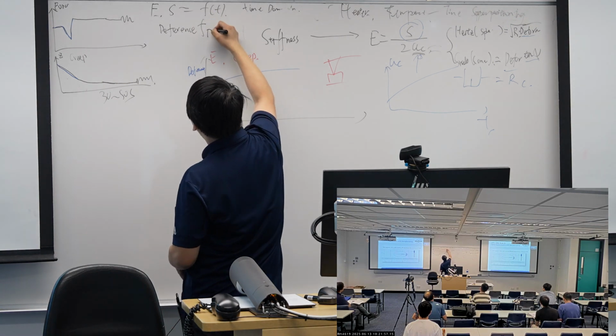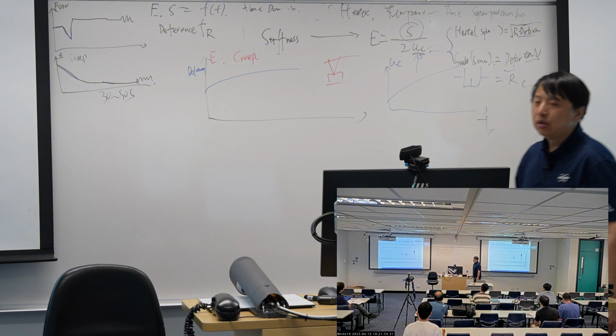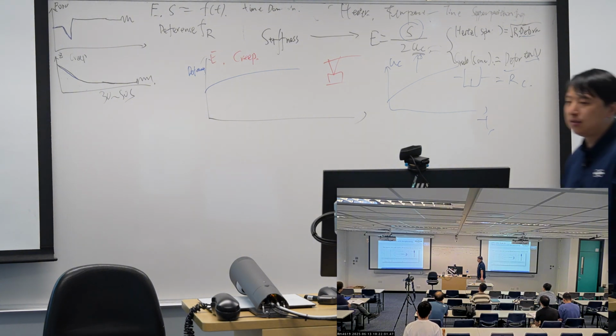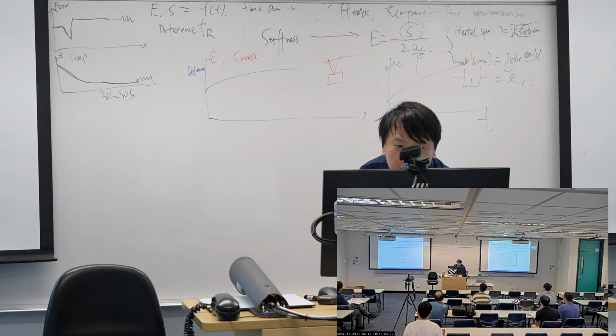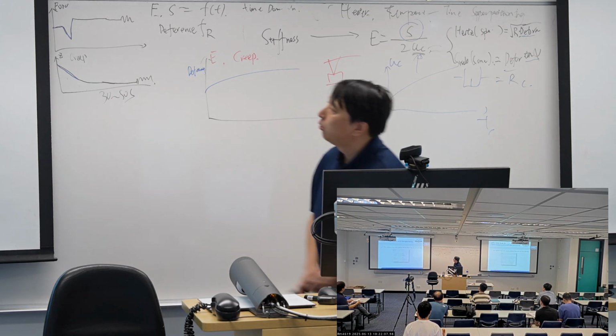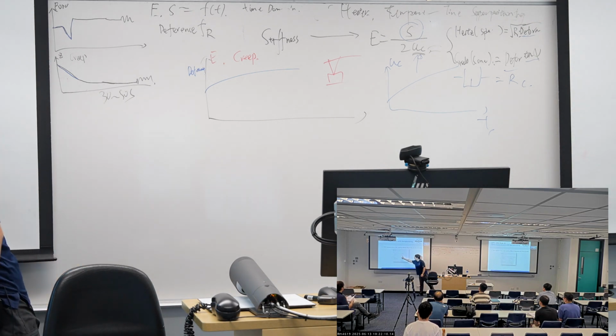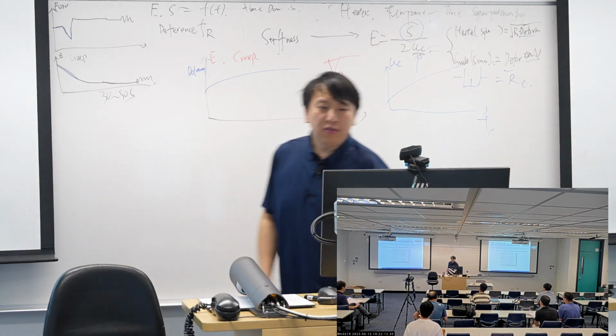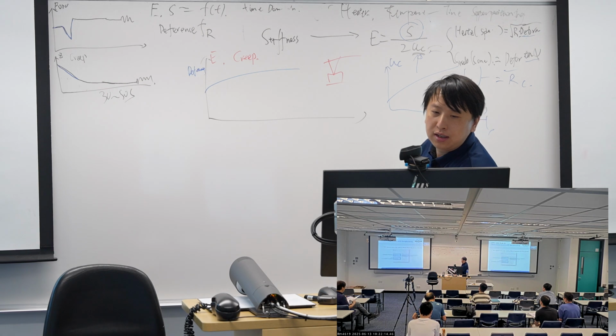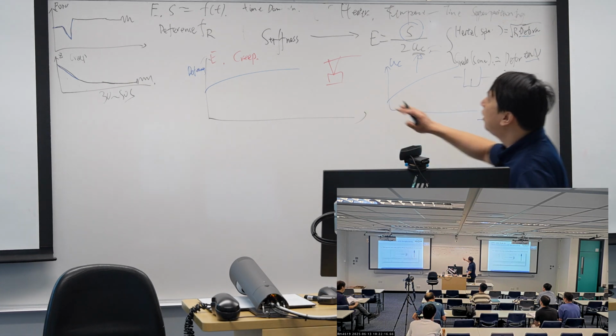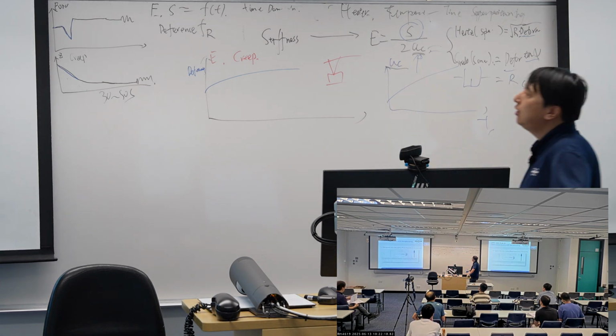I call it FR. You will see in my hands-on session later, we type in here the reference frequency. This reference frequency is used to get out the contact radius.